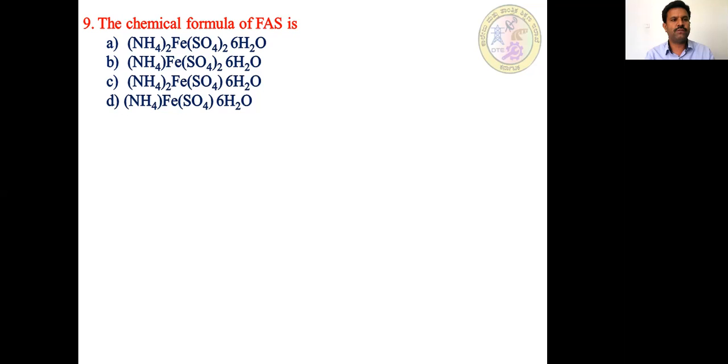The right answer is option A, that is (NH4)2Fe(SO4)2·6H2O. You can see here that (SO4)2 means the valence is -2 times 2, which is -4. The ferrous iron is +2 here, and the remaining +2 is given by the ammonium ions. So the right answer is option A.